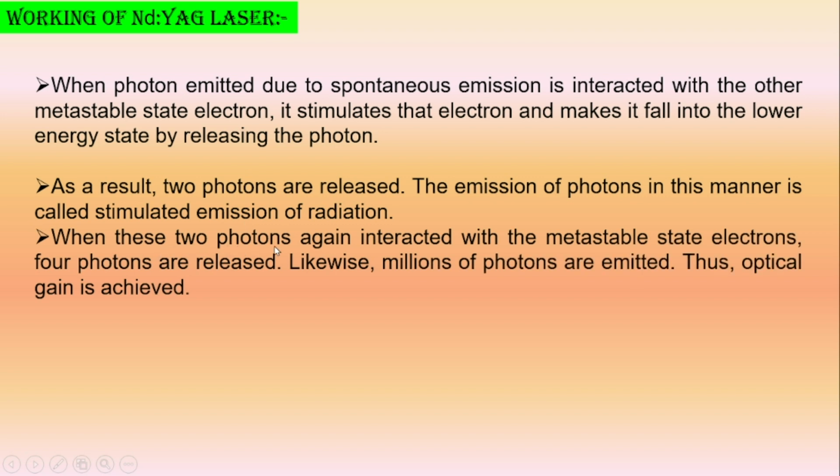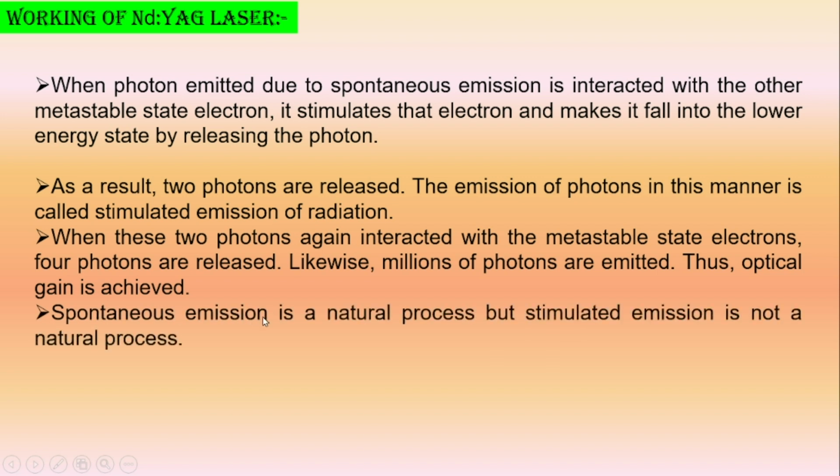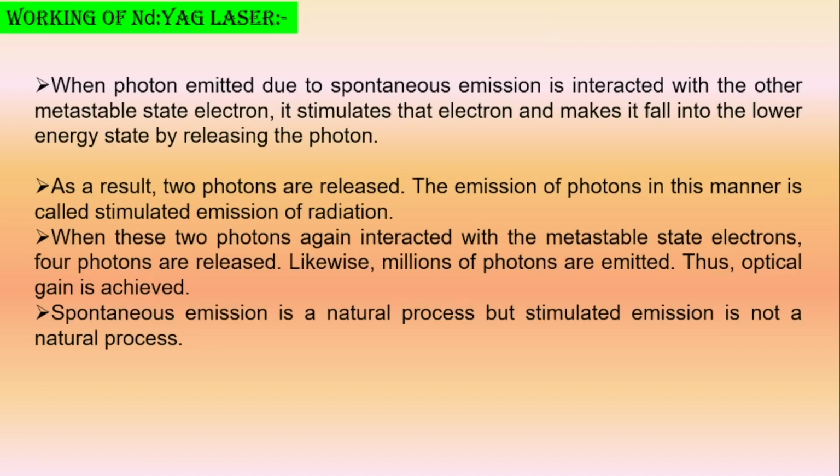When these two photons again interact with the metastable state electrons, four photons are released. Likewise, millions of photons are emitted. Thus, optical gain is achieved. Spontaneous emission is a natural process, but stimulated emission is not a natural process. Now, this is the working of the Nd-YAG laser, or in this way, we get the laser beam from the Nd-YAG laser.